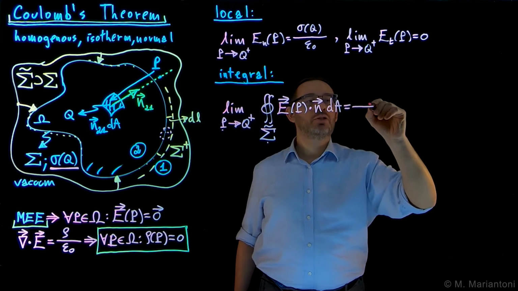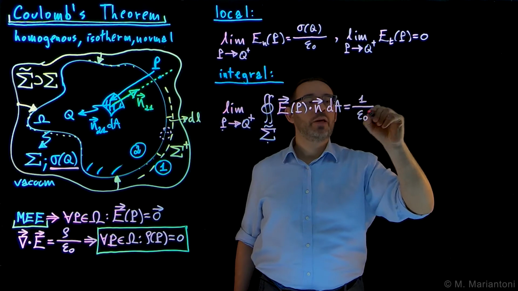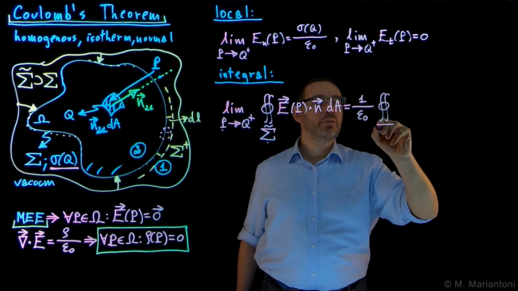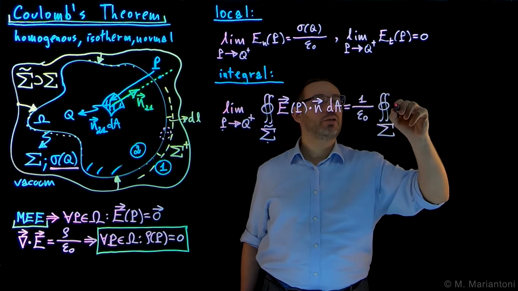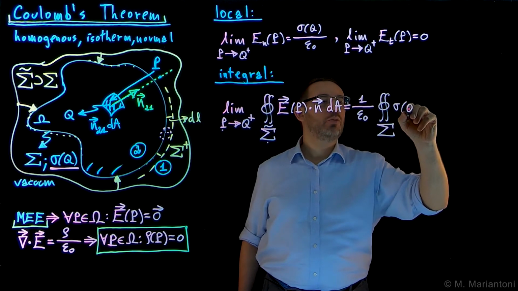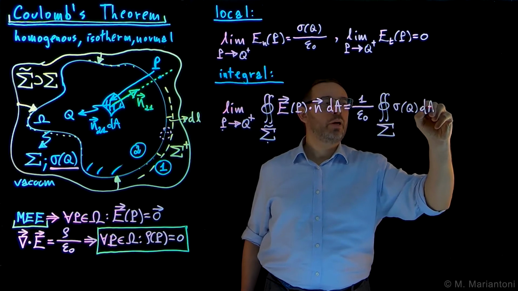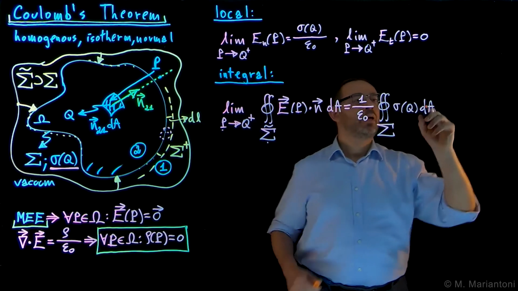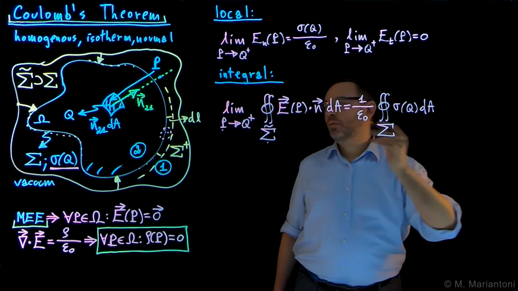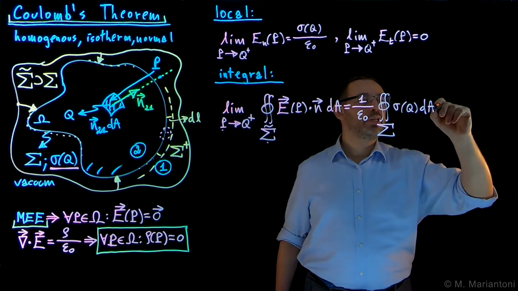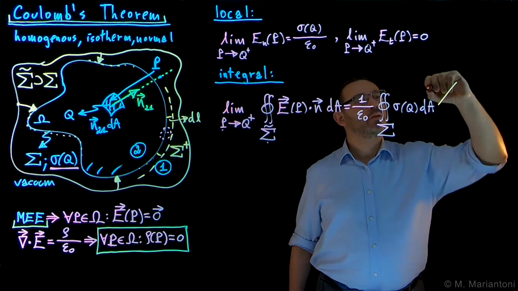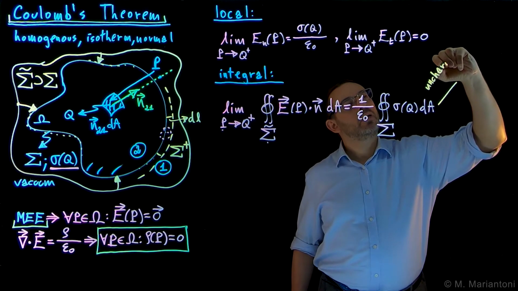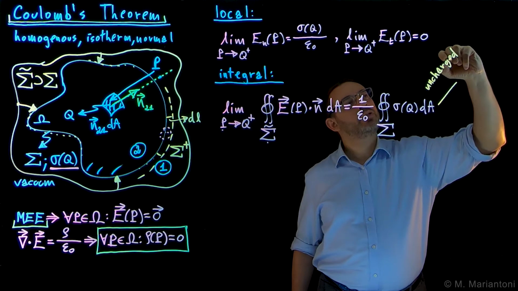And this has to be equal to 1 over epsilon naught, which is a constant of integration. Now here we don't need the limit, so we just want to find the total charge on capital sigma, which is the surface of the conductor, of small sigma q dA. Now here we can have a couple of different scenarios. So when we sum up this charge, if the conducting object was initially uncharged, it remains uncharged at all times.